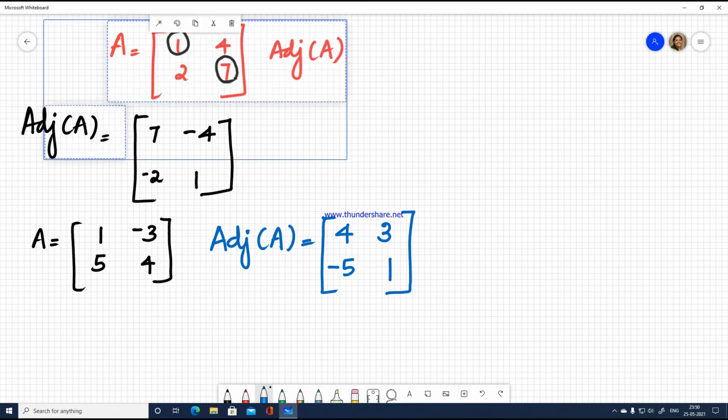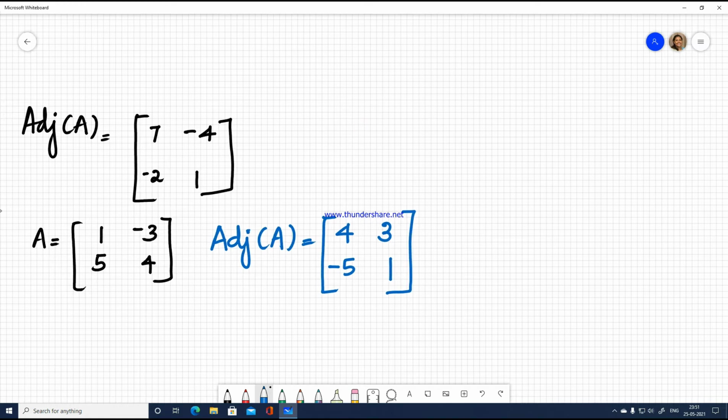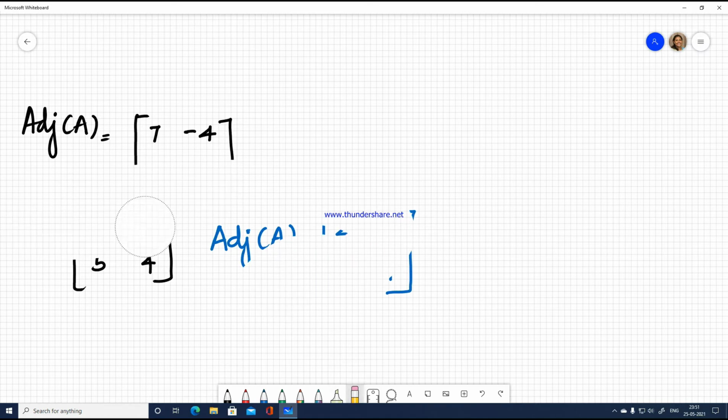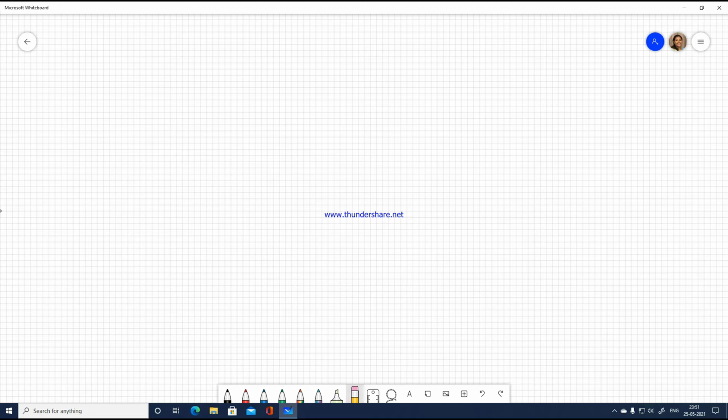Now let's find the adjoint of a 3 by 3 matrix.